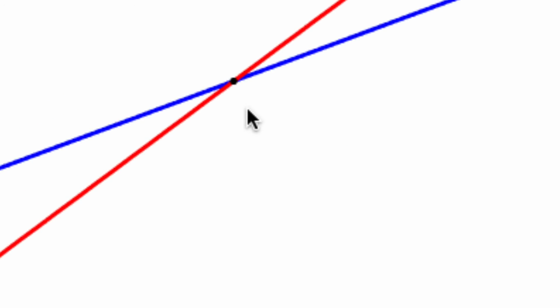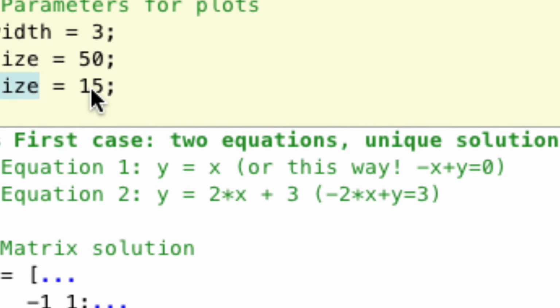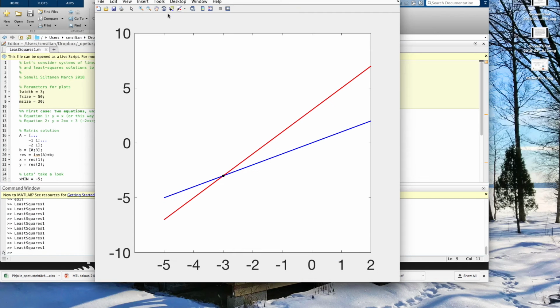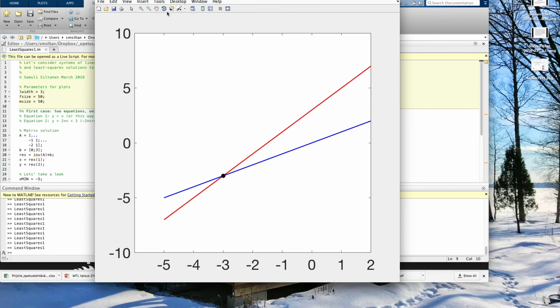Okay, I think our marker is still too small. Let's make the marker bigger. Maybe even bigger. Okay, so here we have a visualization of the 2 equations we are solving, and a picture of the unique solution.